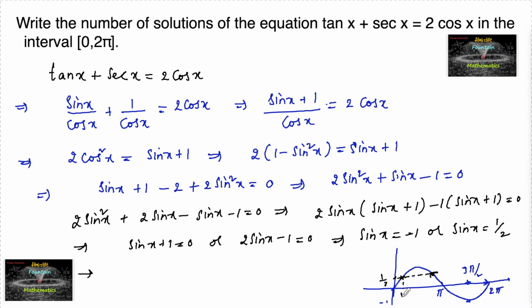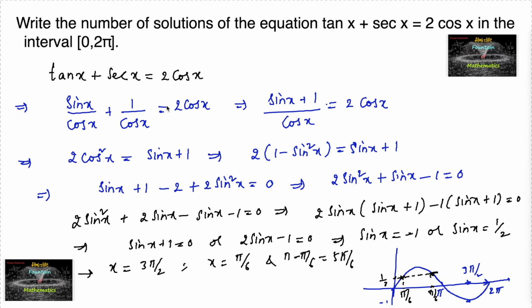So one is pi by 6, sine 30 degrees, and again one more is pi minus pi by 6. So for sin x is equal to minus 1, x is equal to 3 pi by 2, and for sin x is equal to half, we can take x is equal to pi by 6 and pi minus pi by 6, that is 5 pi by 6.